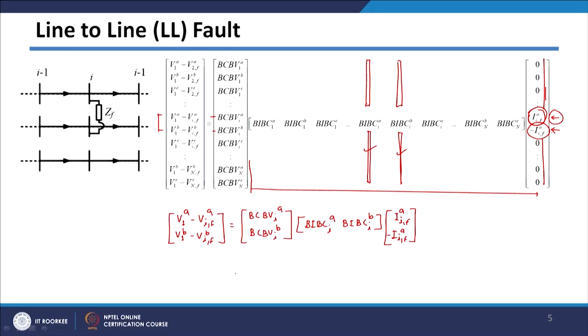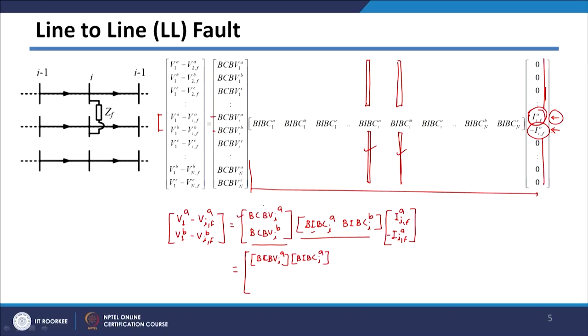Now, if you explicitly multiply these two vectors, I can get 4 parameters here. I am just multiplying this vector with respect to this vector, so there will be 4 terms. The first term is the multiplication of this and this.